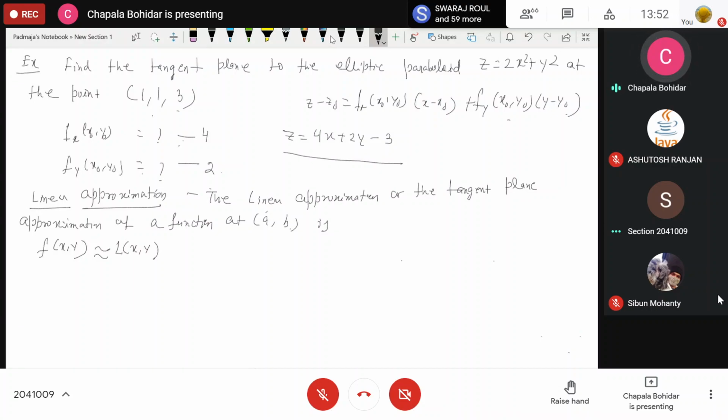Linear approximation L of xy is equal to function of a, b plus fx of a, b times x minus a, this is your z0, plus fy of a, b times y minus b.